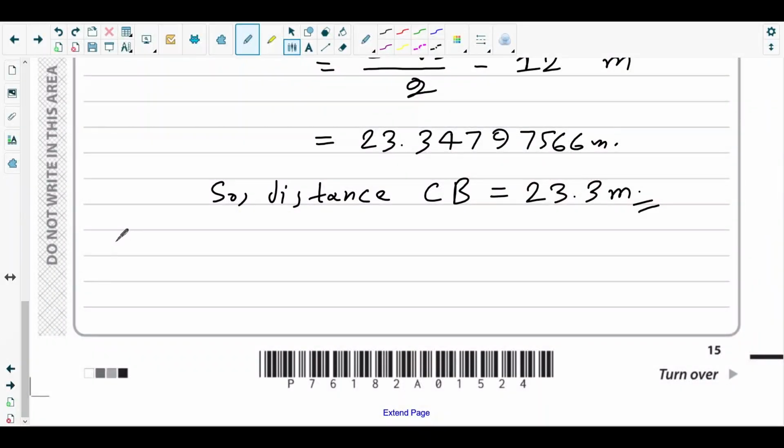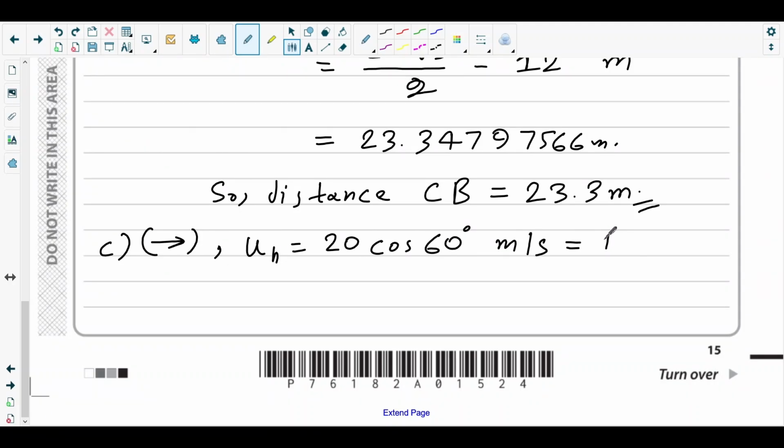For part C, we will consider the horizontal motion at first. The horizontal component of initial speed, u horizontal, is 20 cos 60 degree. Cos 60 degree is basically half, so this is 10 meter per second. We know that s equals vt horizontally.